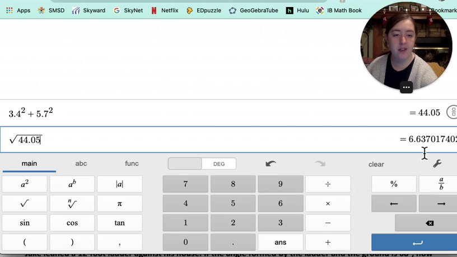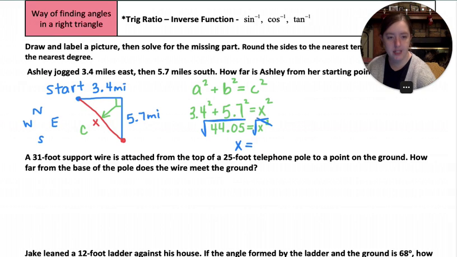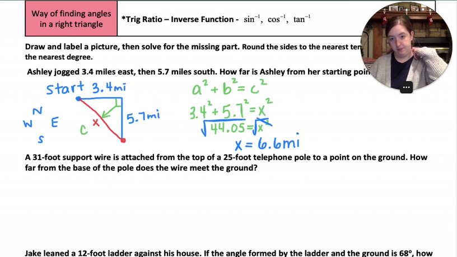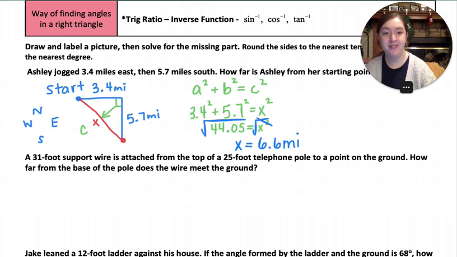Since the number after the 6 is a 3, that 6 in the tenths place is going to stay a 6. Okay, so it's 6.6. And our units were in miles. Good deal.